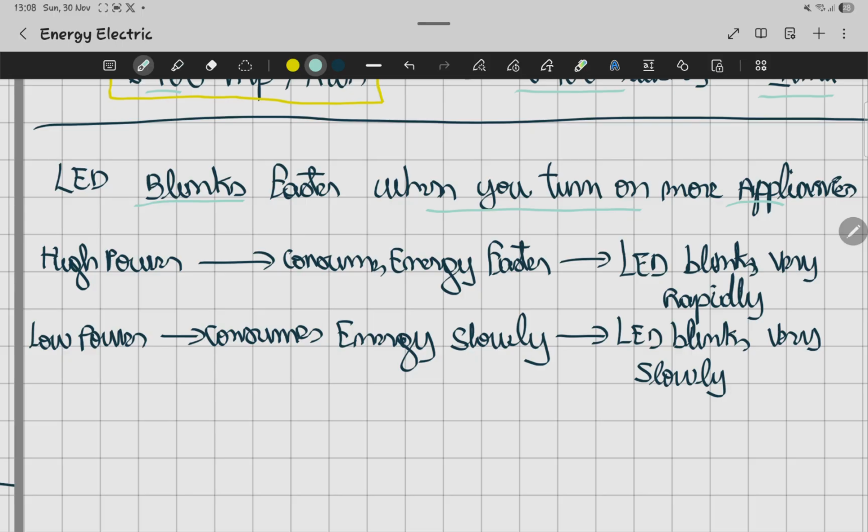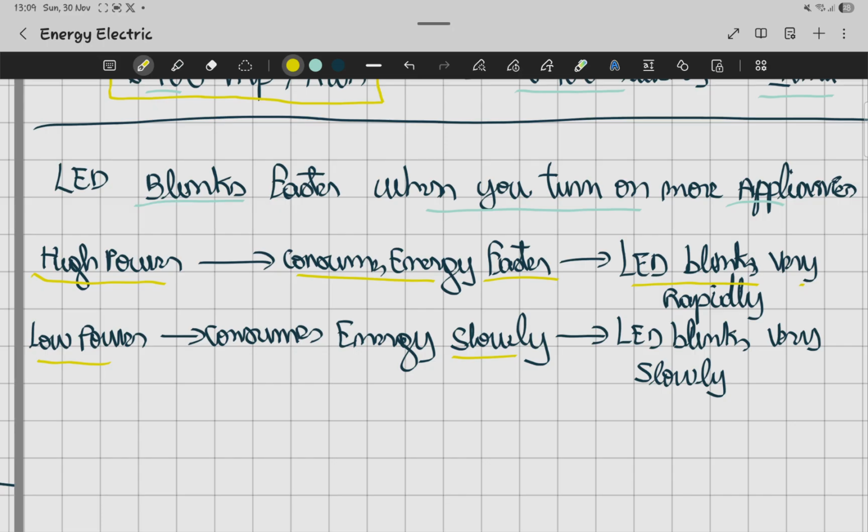The more appliances you turn on, the faster the LED blinks, and high power consumes energy faster, so the LED blinks very rapidly. If you have low power, energy is consumed slowly, and then the LED blinks very slowly.